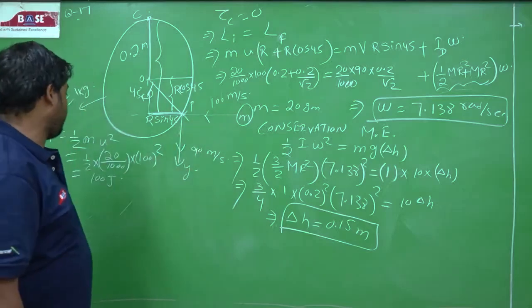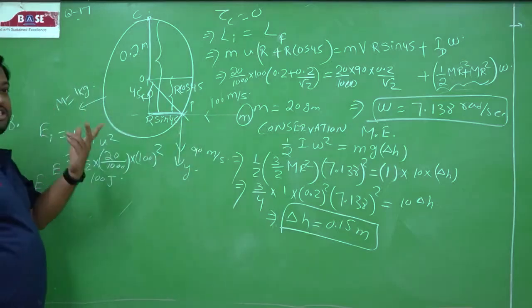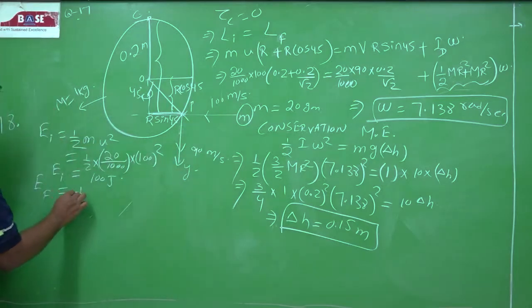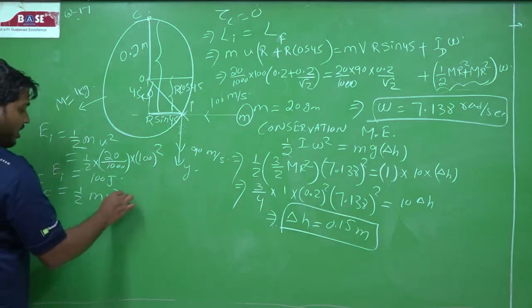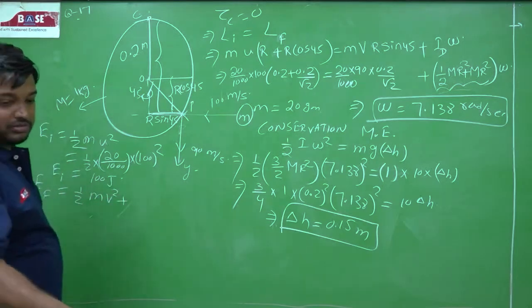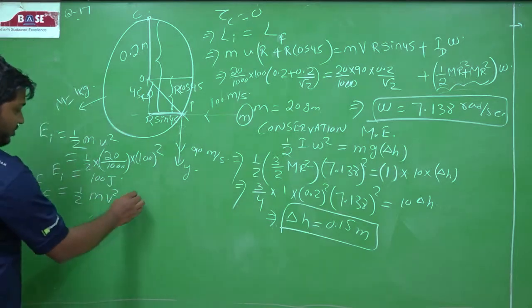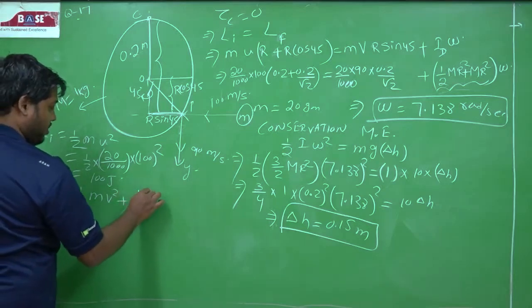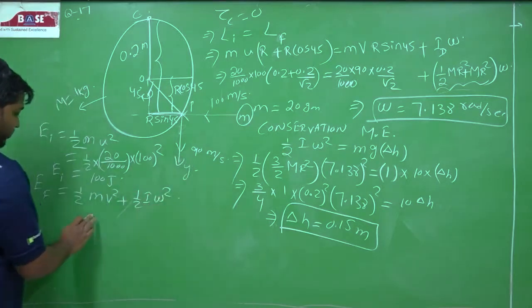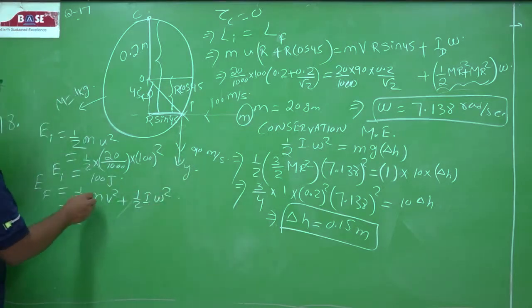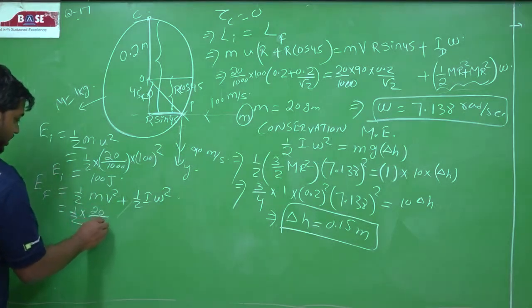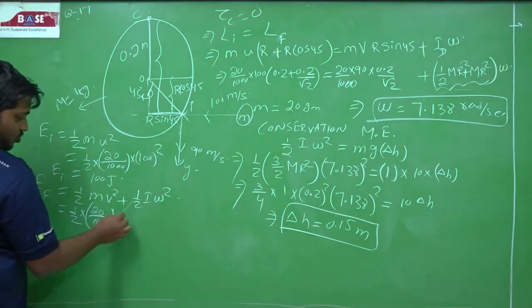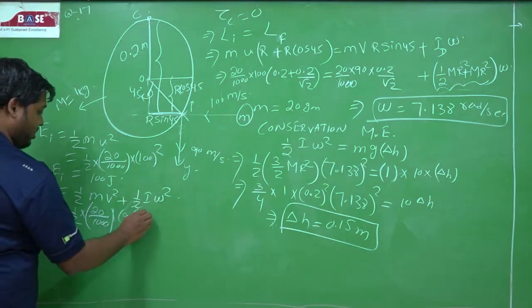If it is initially at rest, then the kinetic energy of the disk is 0. So I am getting here half mv square plus that energy will be half I omega square.